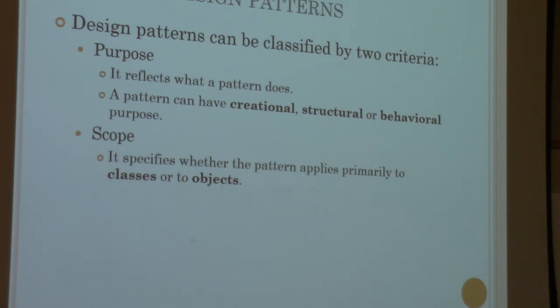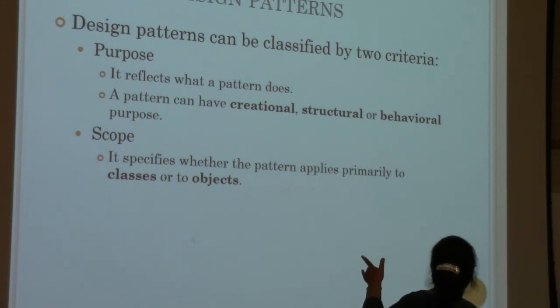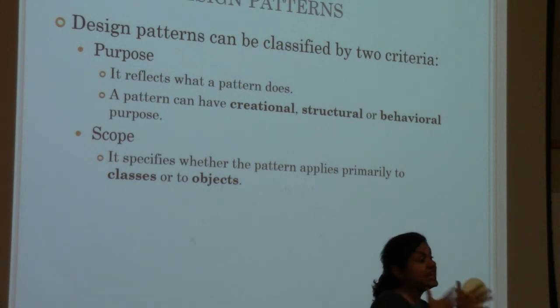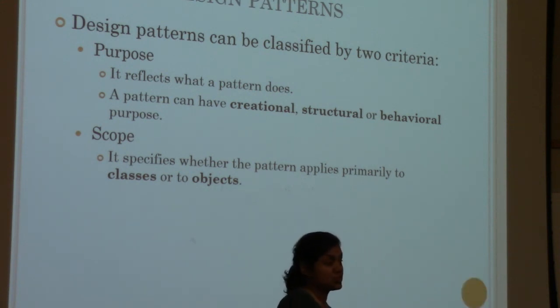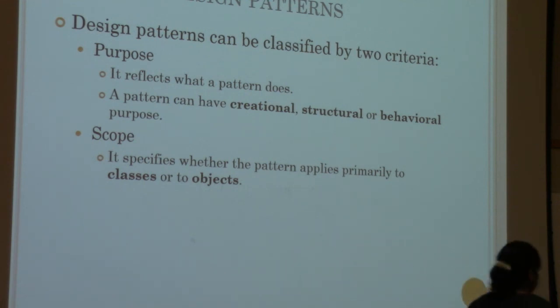Then they are divided into those three that we said: creational, structural or behavioral. Or they can also be divided depending on scope. Some of the design patterns are related primarily to classes, and they are said to have a class scope, and some of them have an object scope. So those are the two ways we divide the design patterns.